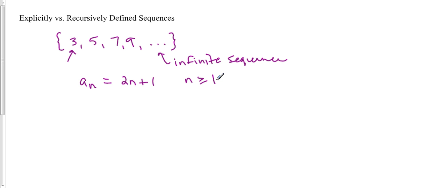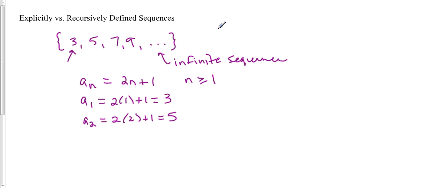Let's try to calculate the first couple of elements or terms of my sequence and see if this formula is right. A1 just means that wherever I had an n, I substitute in a 1. So 2 plus 1 is 3, and lo and behold, that is the first term of my sequence. If we do the second term, A2, I substitute in 2 for n, and I get 5, which is again the next term in my sequence.